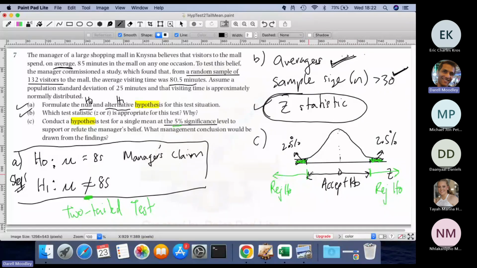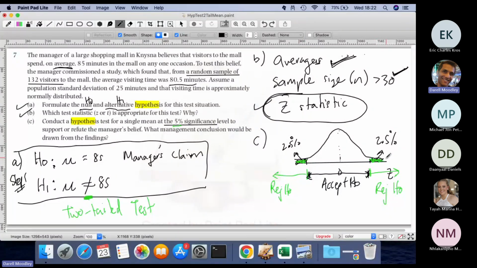Right? So I'll show you how to use it now, how to use this region to determine whether to accept or reject H0. What is important, what's your takeaway from this part, is that because it's a two-tailed test, based on what that sign is for H1, that means not equals to, you have a rejection region on the far left, as well as a rejection region on the far right.